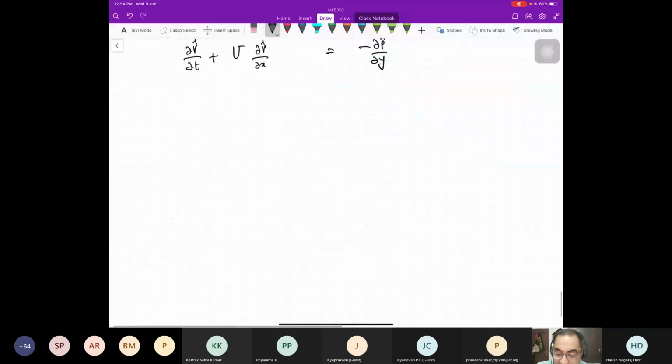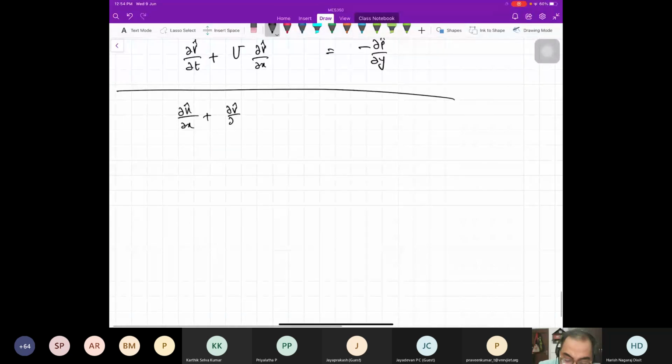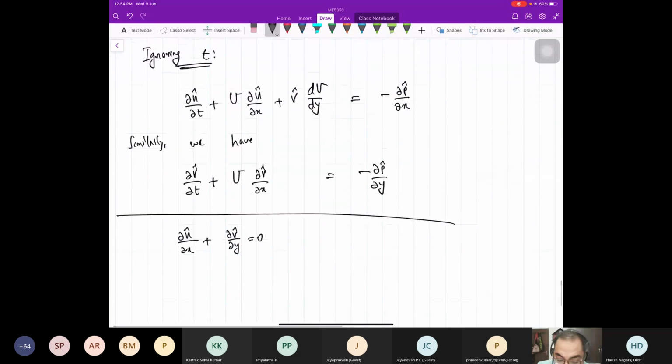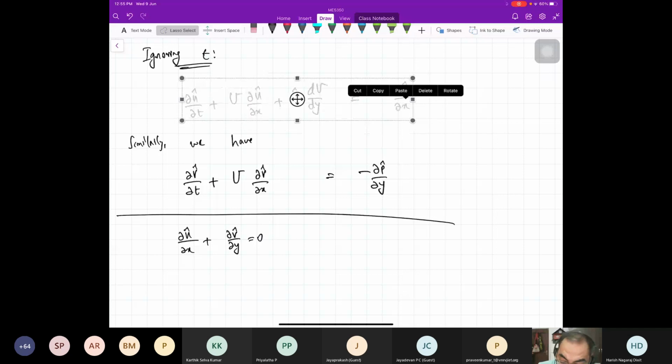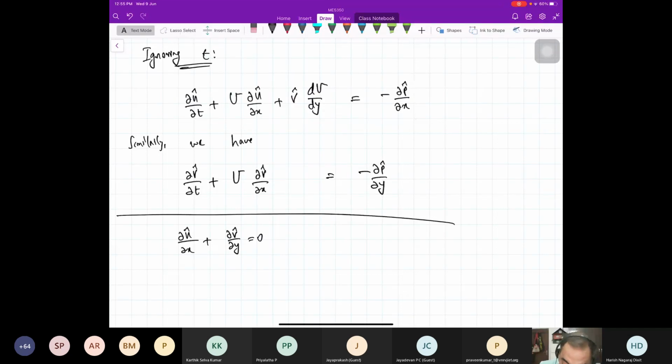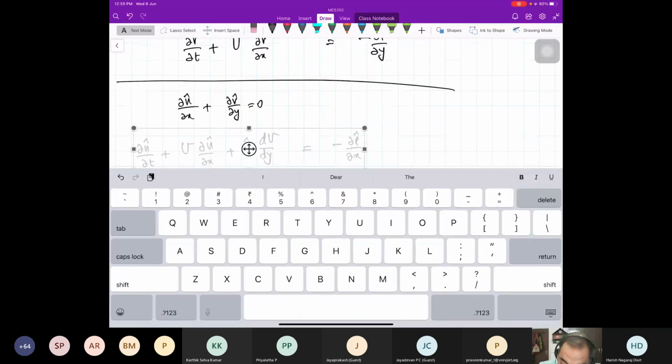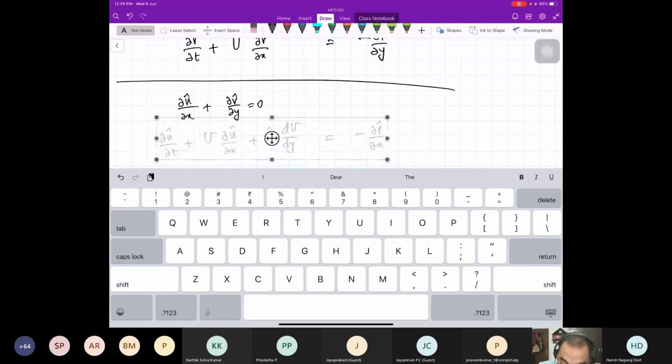Okay, let's put it again. What we have is the linearized equation, that is del u hat by del x plus del v hat by del y is 0. That's the continuity equation. The x momentum equation is this one. This is my x momentum equation.